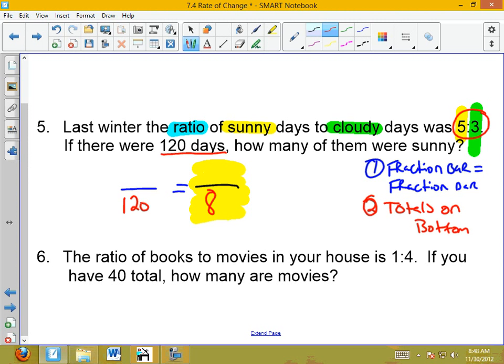How many days in my ratio are sunny? That's correct. 5. So out of 120 days, how many are sunny? We don't know. We put X. Now you cross multiply and solve.